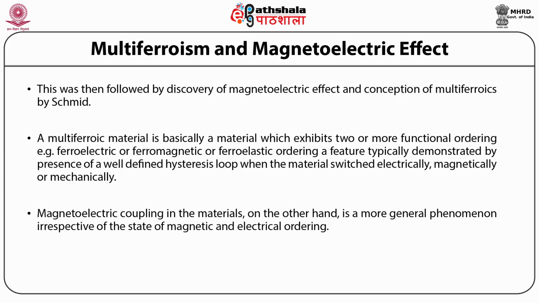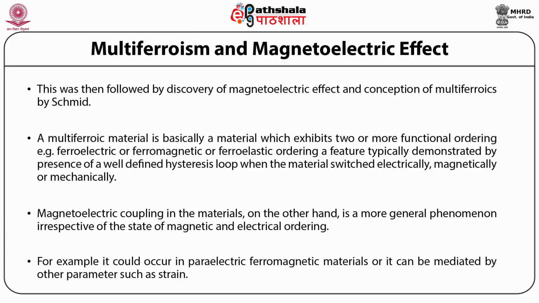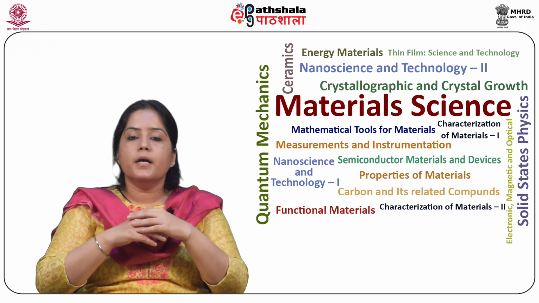Magnetoelectric coupling in materials, on the other hand, is a more general phenomenon irrespective of the state of magnetic and electrical ordering. For example, it could occur in paraelectric ferromagnetic materials, or it can be mediated by other parameters such as strain.